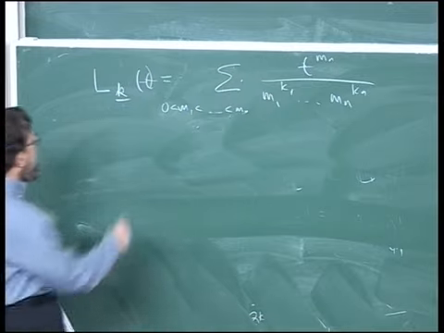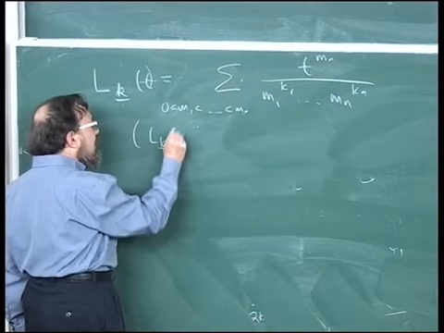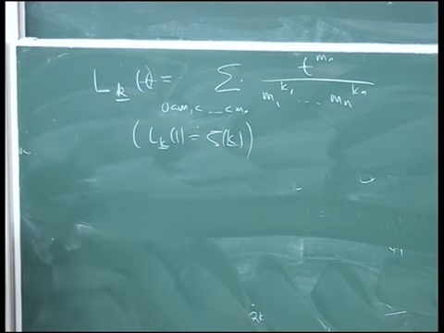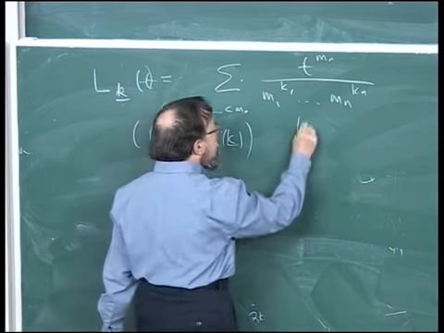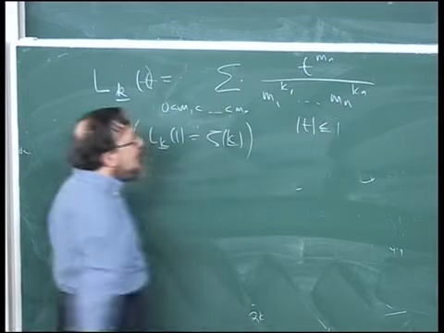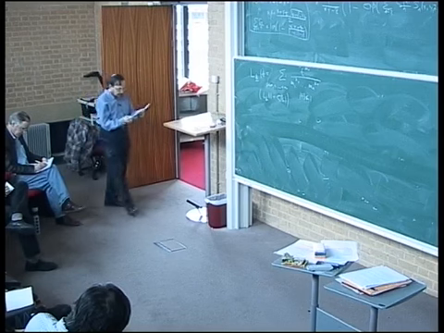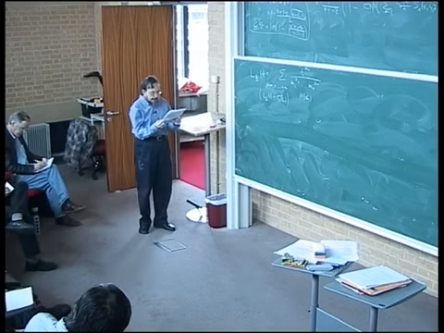So by definition, Lk of 1 is simply zeta of k. This is a crucial idea which you use in the whole theory, that you insert this thing. Originally t is less than or equal to 1, and if t is less than 1, it converges even if the ki's are no longer admissible. It no longer makes any difference.